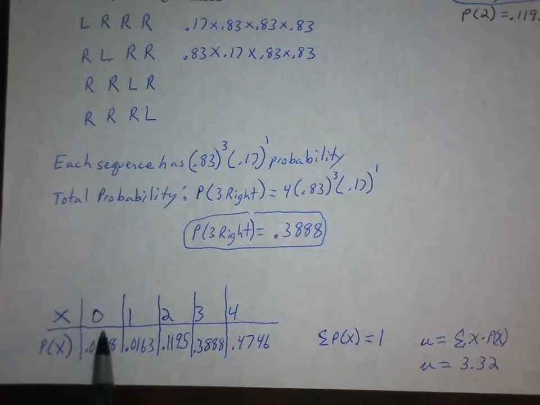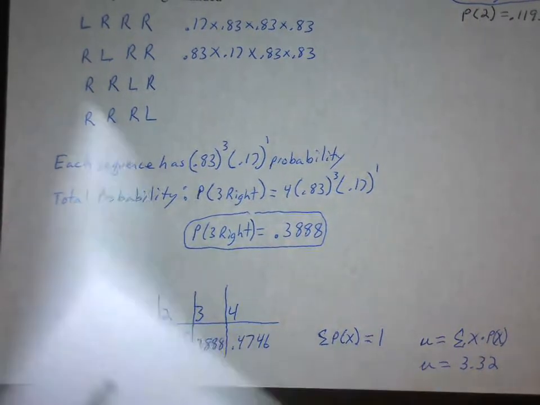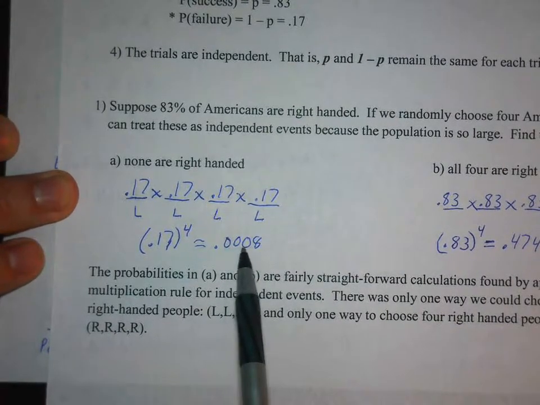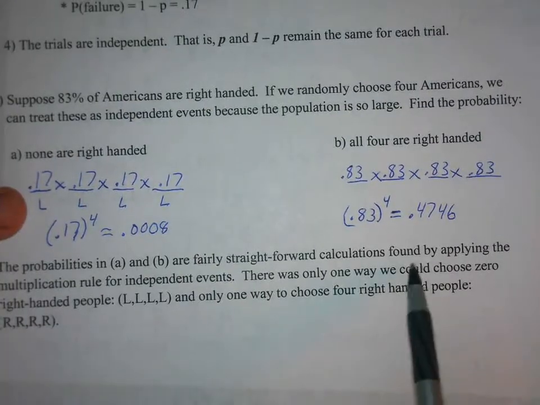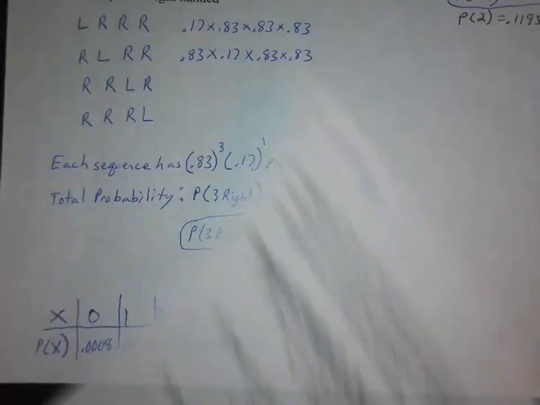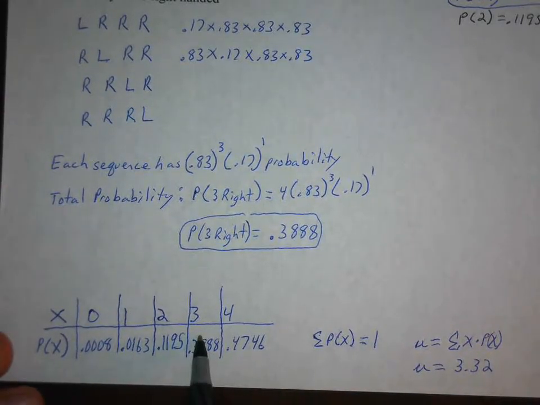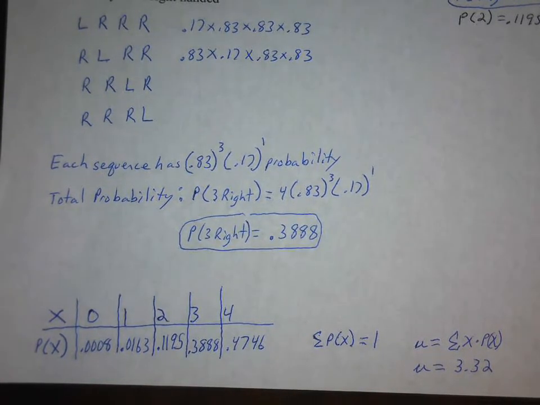The probability of exactly 0 is 0.0008, and that was found on the first page. Okay, right here, 0.0008. All 4 was 0.4746, so that's where the last number comes from here. And then the 1, 2, and 3, we found those on this page. Okay, so that is what the probability distribution will look like for that example.